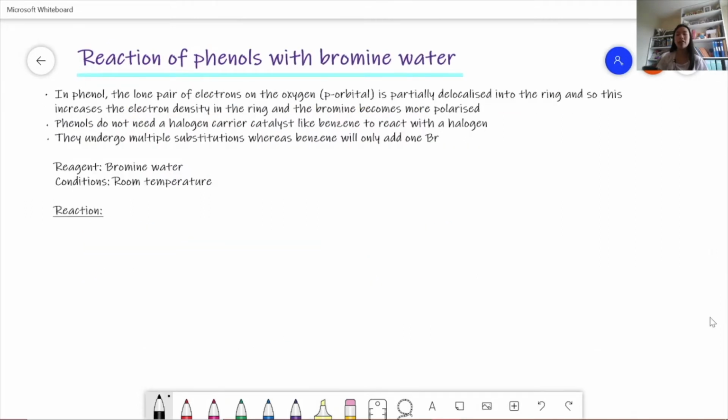Now we're going to look at the reaction of phenols with bromine water. In phenol, the lone pair of electrons on the oxygen is partially delocalized into the ring, and so this increases the electron density of the delocalized electrons in the ring, and so we can polarize the bromine more. For benzene, for example, we originally have this hexagonal shape, and then we have this ring where we have all of these delocalized electrons.